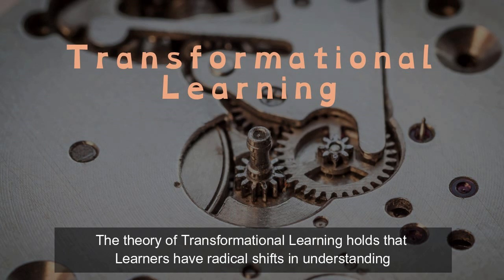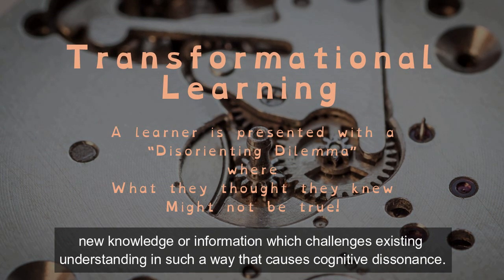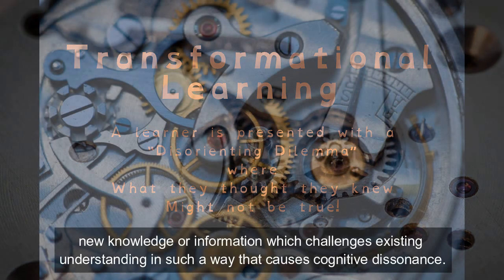The theory of transformational learning holds that learners have radical shifts in understanding when presented with a disorienting dilemma, new knowledge or information which challenges existing understanding in such a way that causes cognitive dissonance.